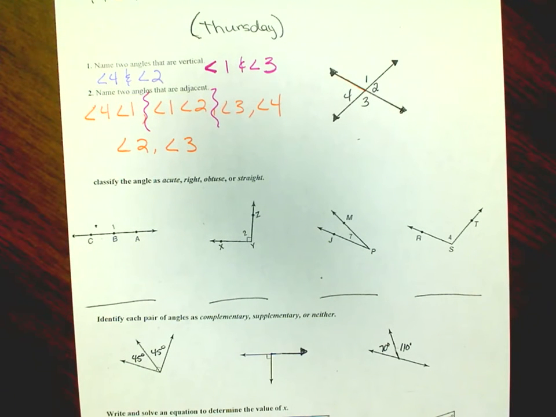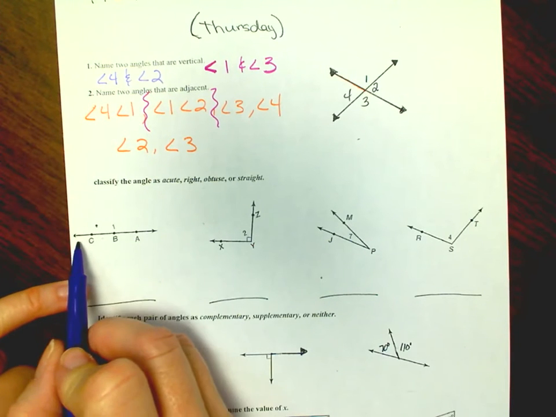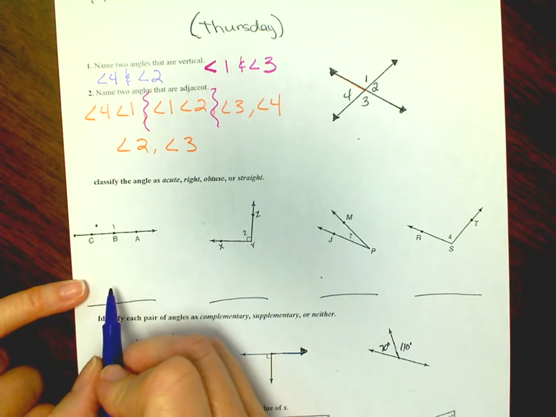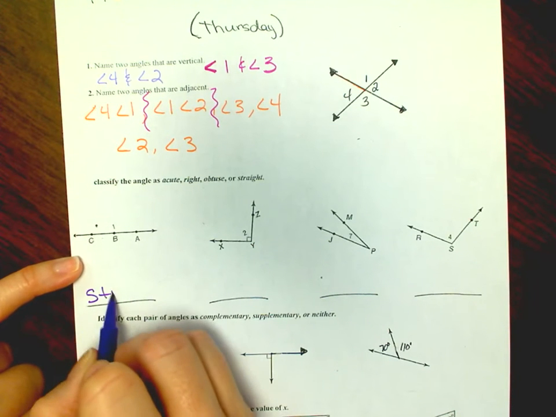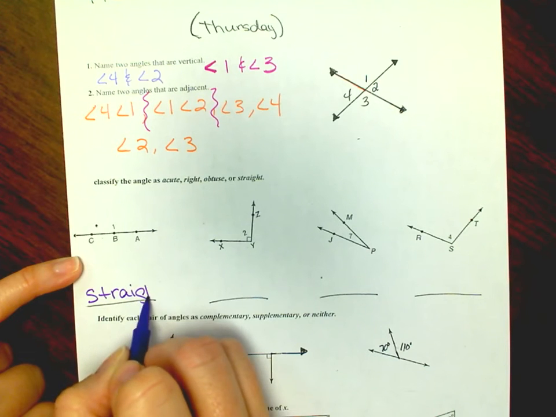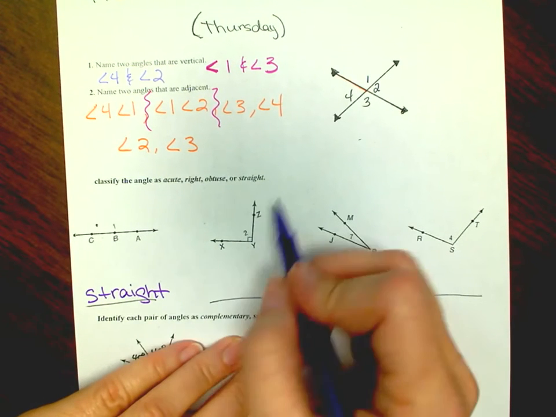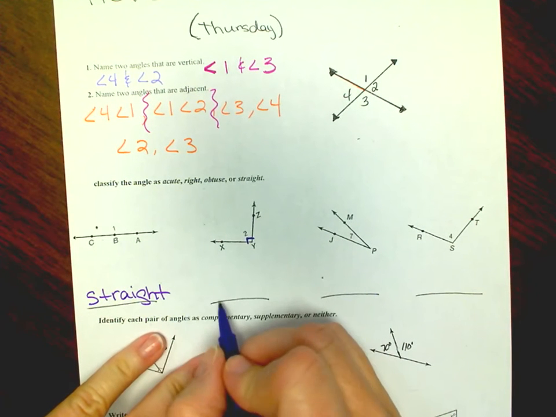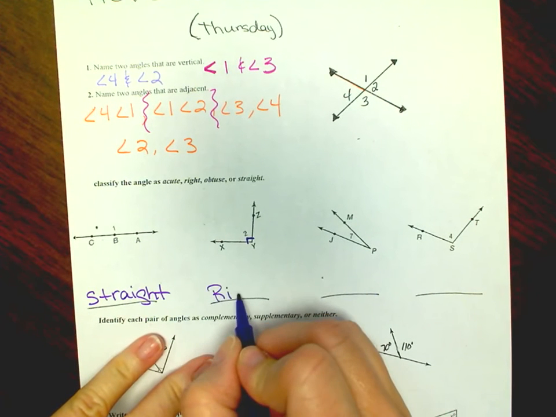Classify the angle as acute, right, obtuse, or straight. This line right here, CBA, is a straight line. This angle is 90 degrees, so it is a right angle.